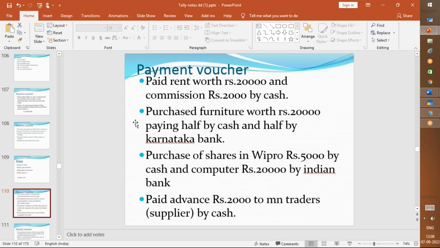Class, are you able to see it? You're able to see payment voucher, paid rent, right? Yes, ma'am.